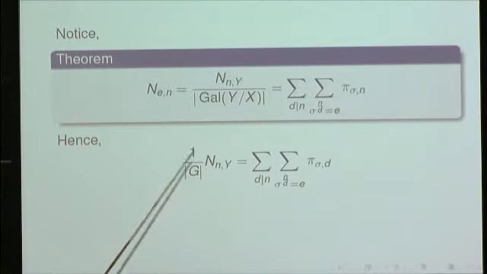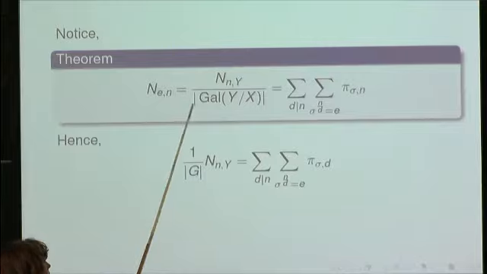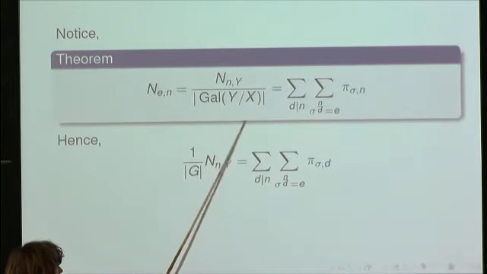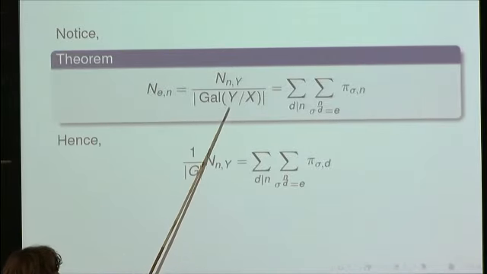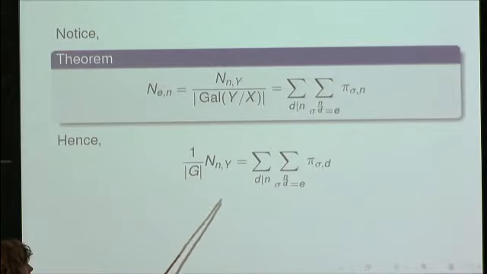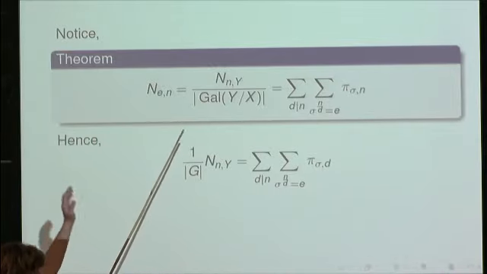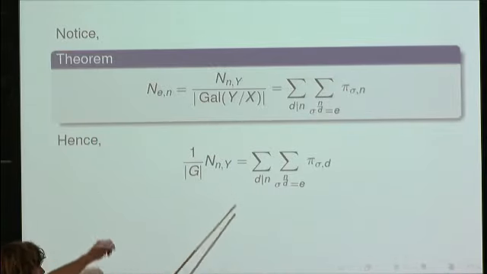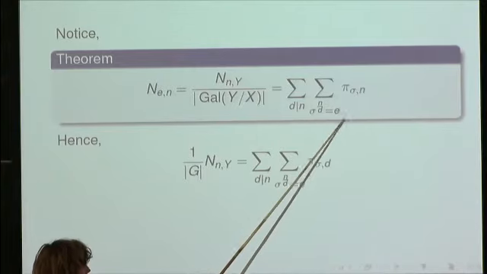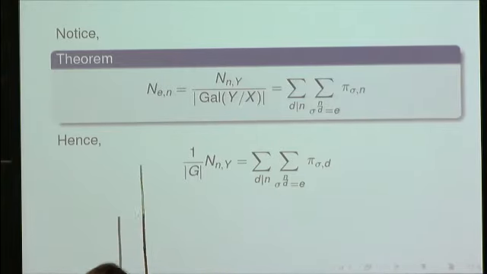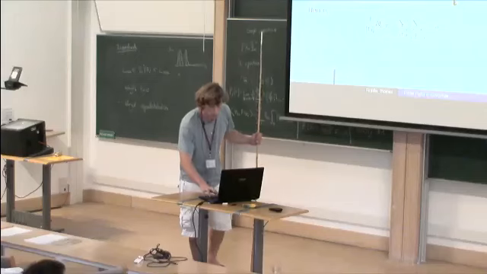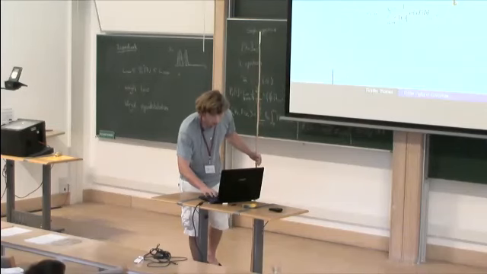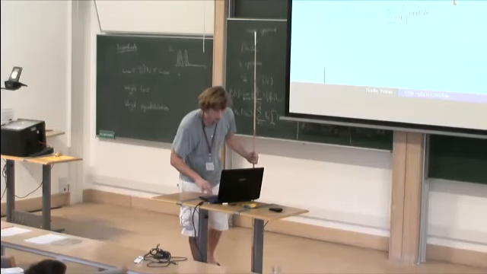Well, I just simplified this down for you a little bit. It means 1 over the size of the Galois group for your graph covering y over x, times the number of closed paths in the top graph y of length n should just be this number over here. So what are we going to do? We're going to apply our Mobius inversion formula to this, hopefully somehow.